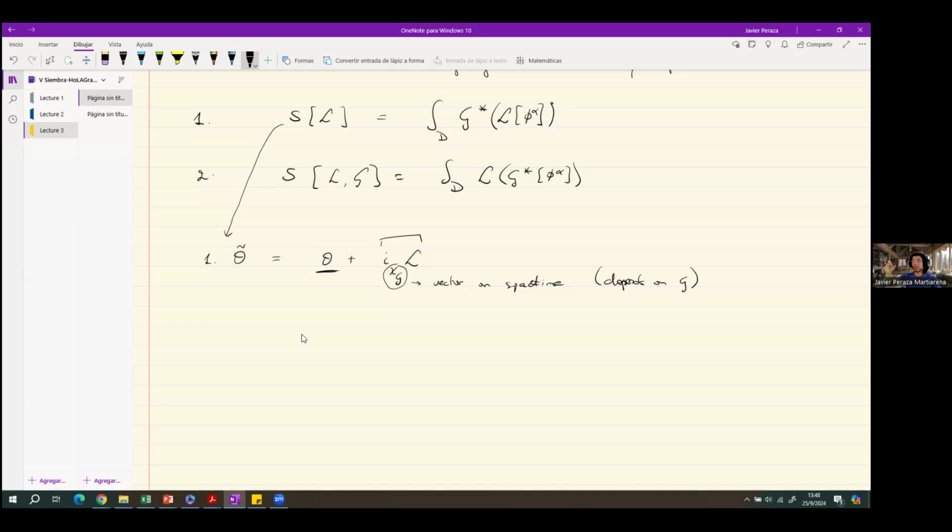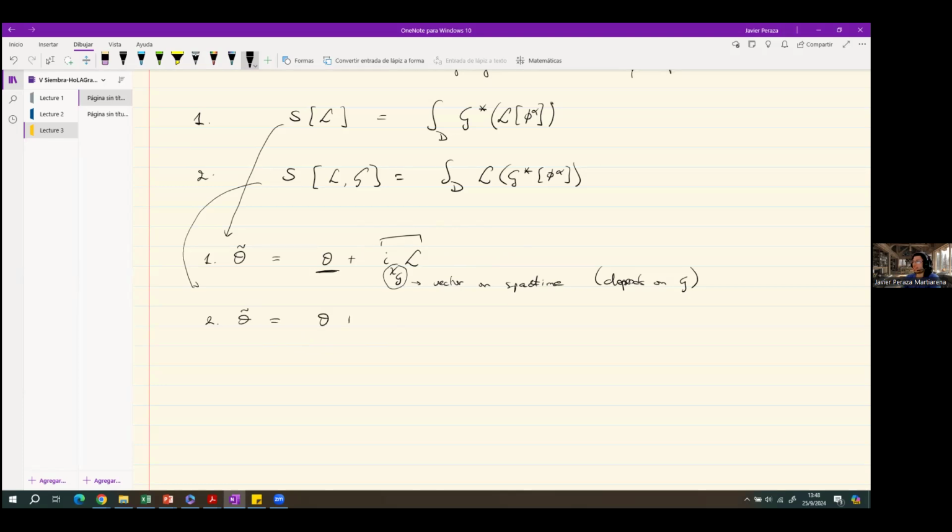So, for example, the Geroch tensor that we reviewed yesterday. So that is the contributing term from here. If we do the same, but with the second prescription, what we will obtain is that, let's call theta again, but it's just a matter of names.